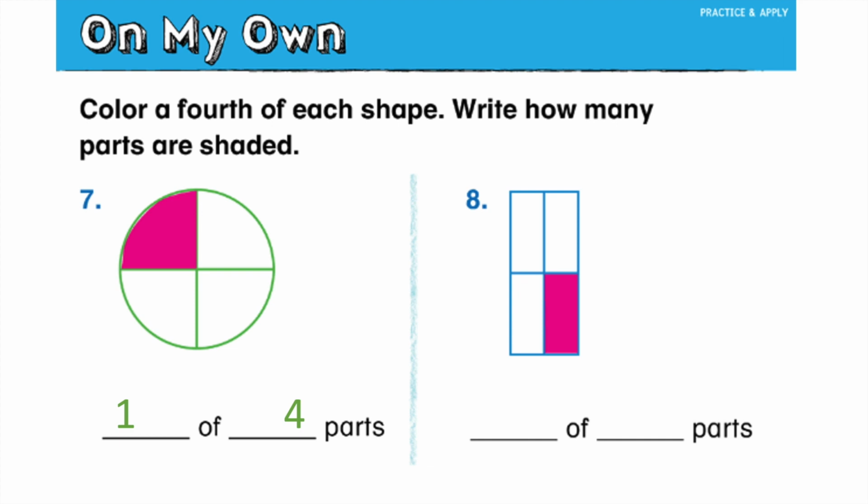Therefore, we're only coloring one part of it. One part of it would be 1/4. Therefore, I am writing 1 of 4 parts. It's shaded. 1 of 1, 2, 3, 4 of 4 parts is shaded.